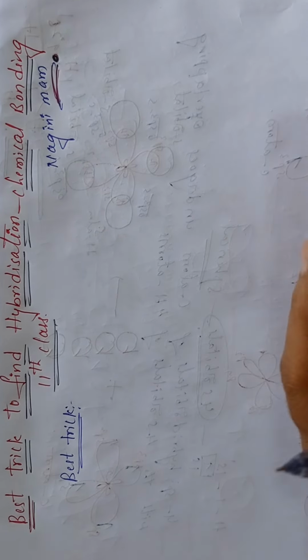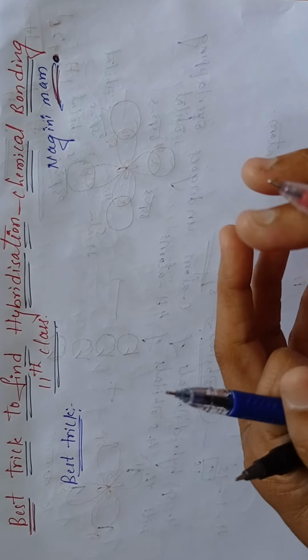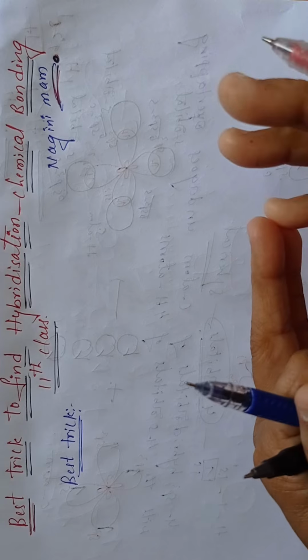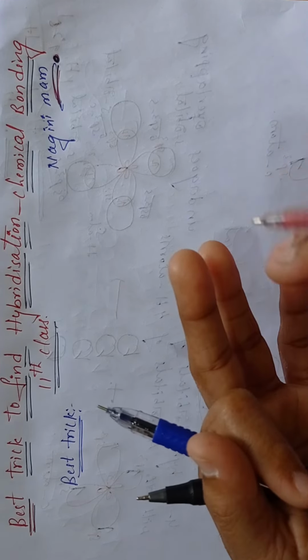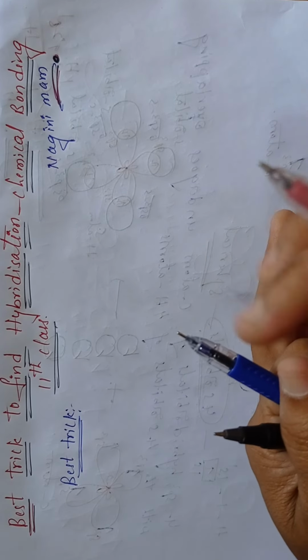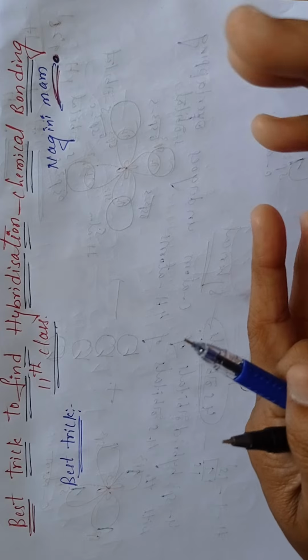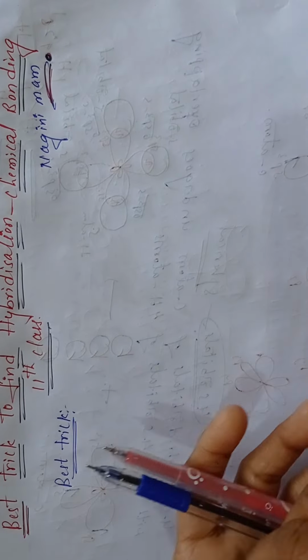Listen. The total number of valence electrons. Suppose one molecule is given, the NH3 molecule, ammonia: nitrogen valence electrons plus 3 hydrogens valence electrons. That means for all the elements present in the molecule, you have to take the sum of all valence electrons. That's why I'm calling it the total number of valence electrons.